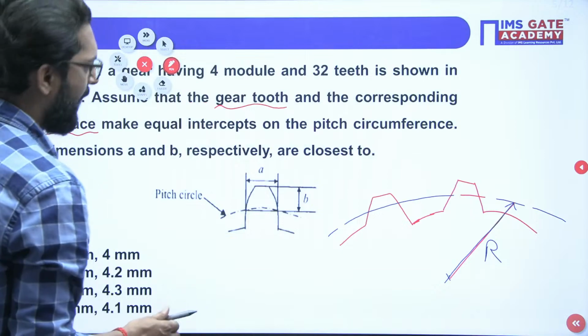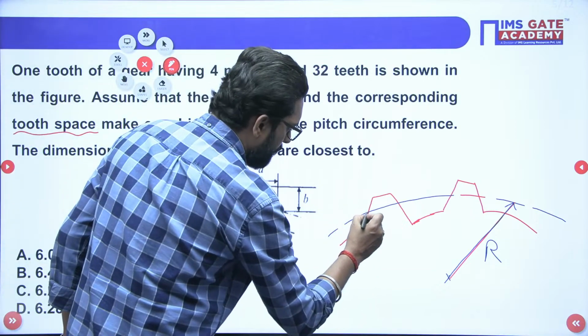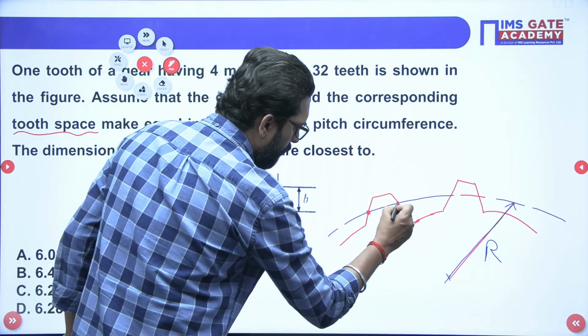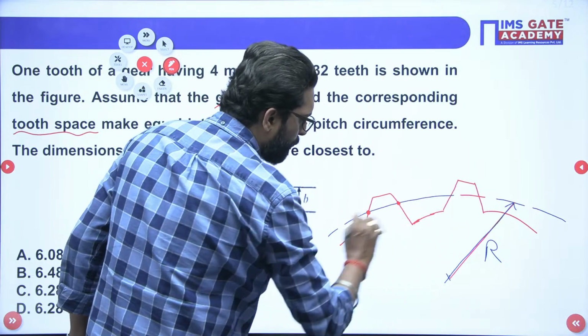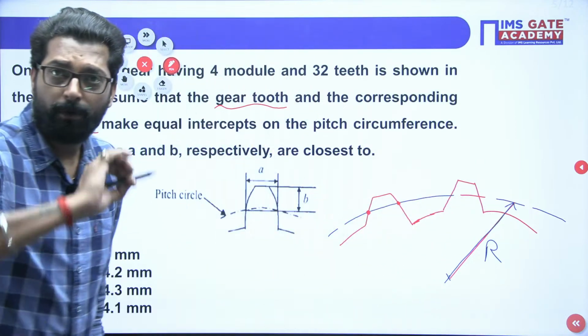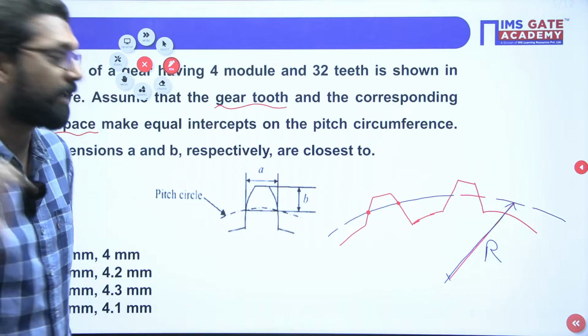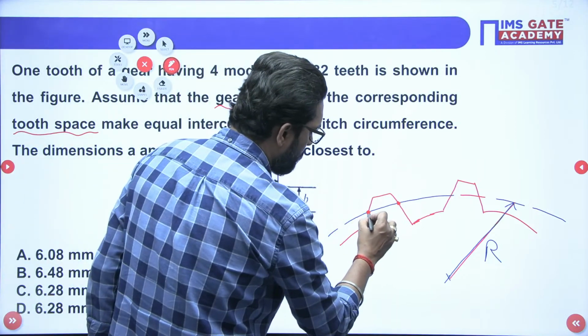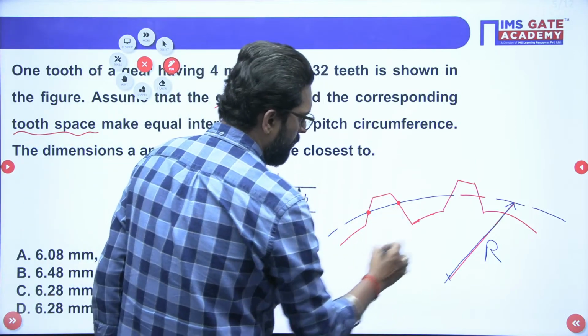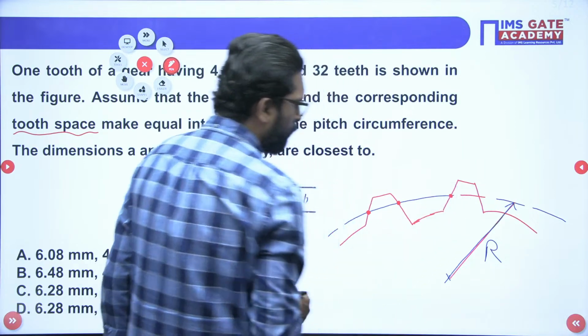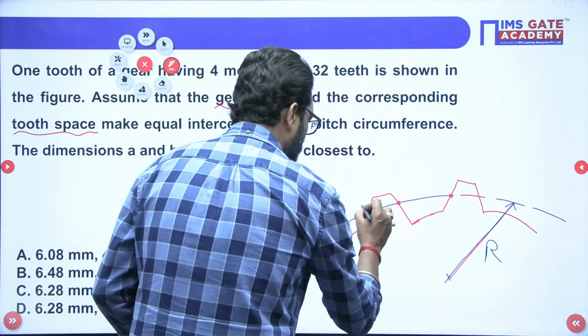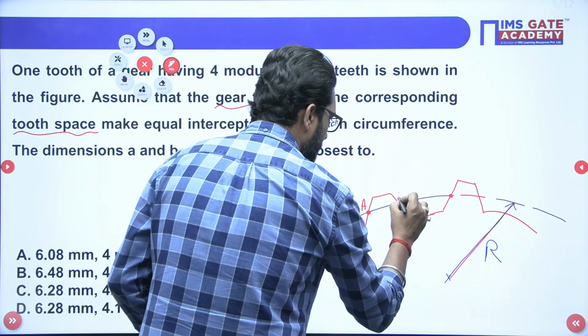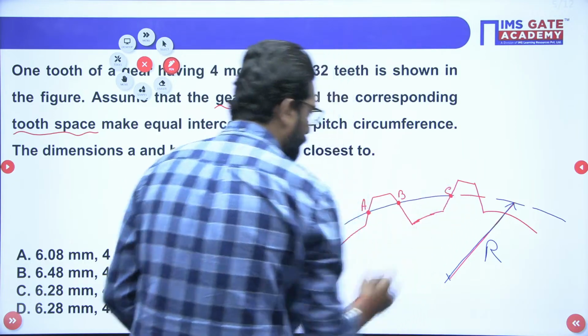Now this says that this is a circle, so you have to measure all the dimensions from the circumference of this circle. So this is tooth space, tooth thickness, and the corresponding tooth space, that means A, B and C if you take.